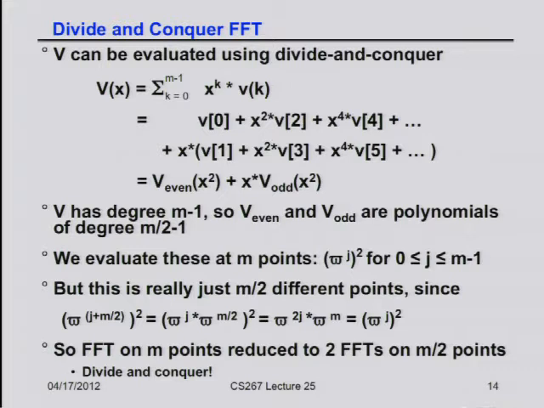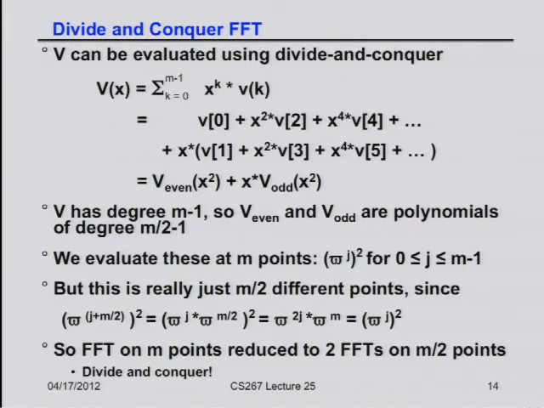So how do I do that? Well, what I recognize is, when I square all these numbers, what am I doing? I'm taking all these roots of unity, omega to the 0, to the 1, to the 2, to the 3, and I'm squaring them to evaluate them. And the magic is that when I square them, I only get half as many distinct points. When I take all these different roots of unity and square them, they pair up, because they come in plus minus pairs.